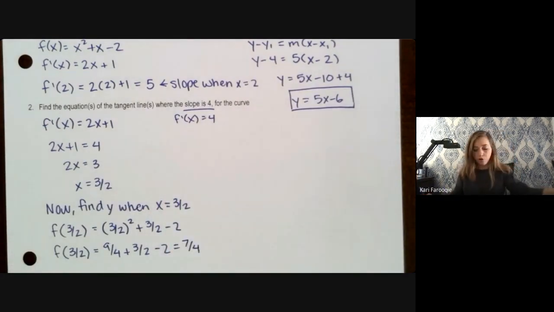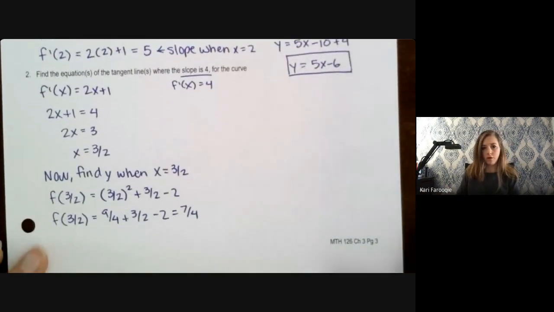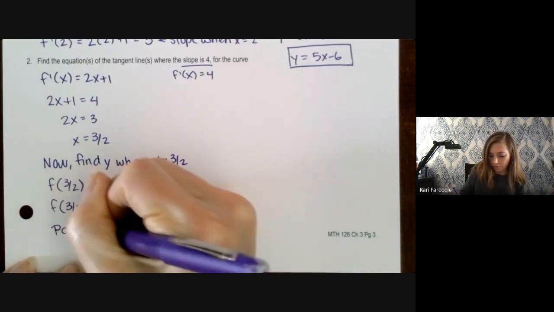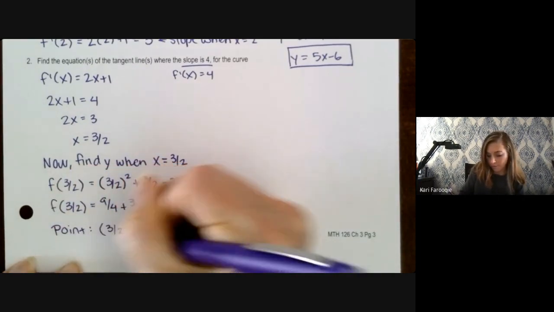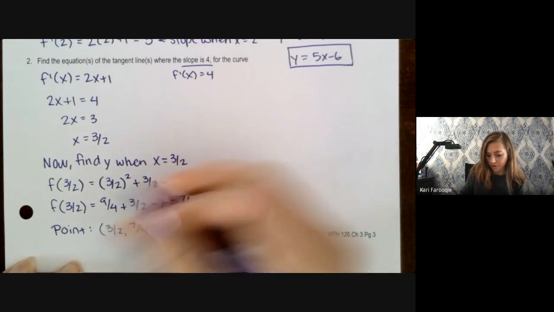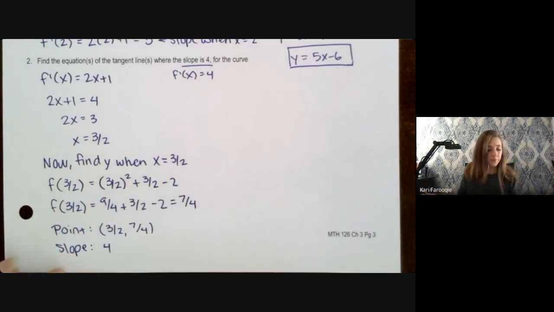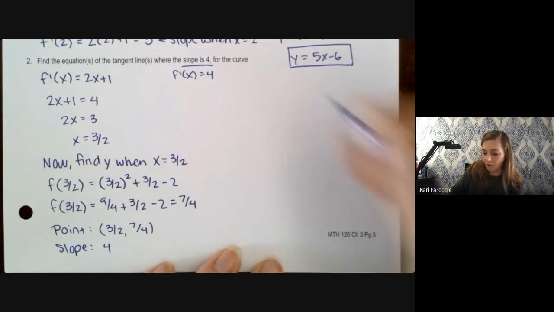Okay, so your point is (3/2, 7/4). And your slope was given to you as 4. In order to write an equation for the tangent line, you need a point and a slope. So we're going to put this together now to find that equation.